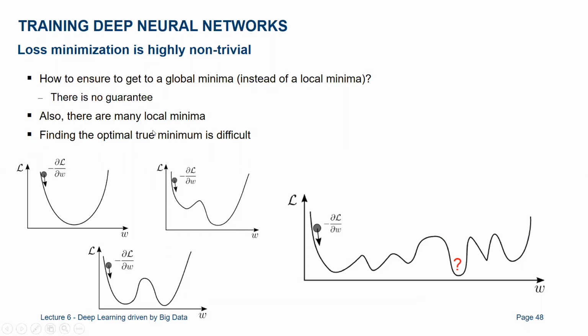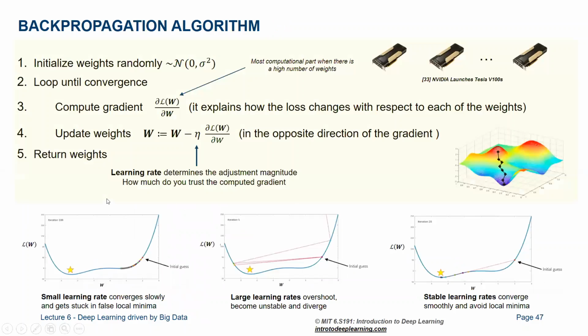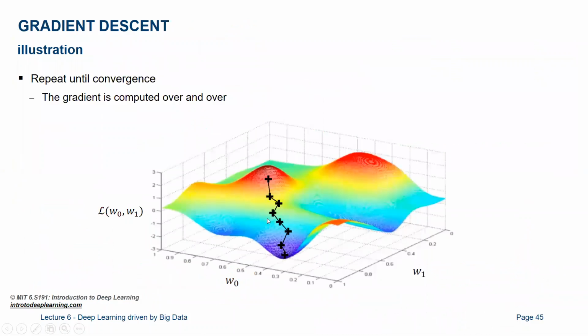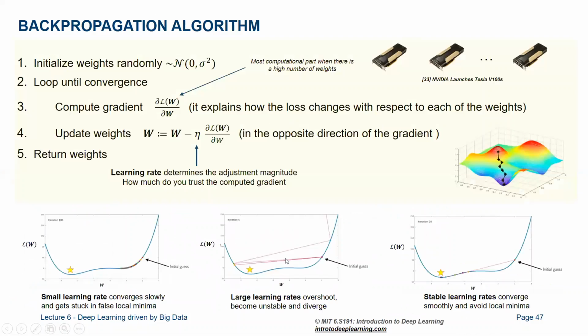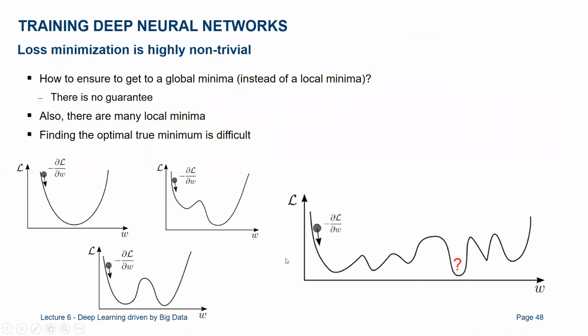Here we're just considering a loss function with just two weights. Remember, if we consider a small neural network with one hidden layer and different connections, the dimension increases a lot. We're not just talking about one weight or two weights as before, so finding a minimum will be very complicated.